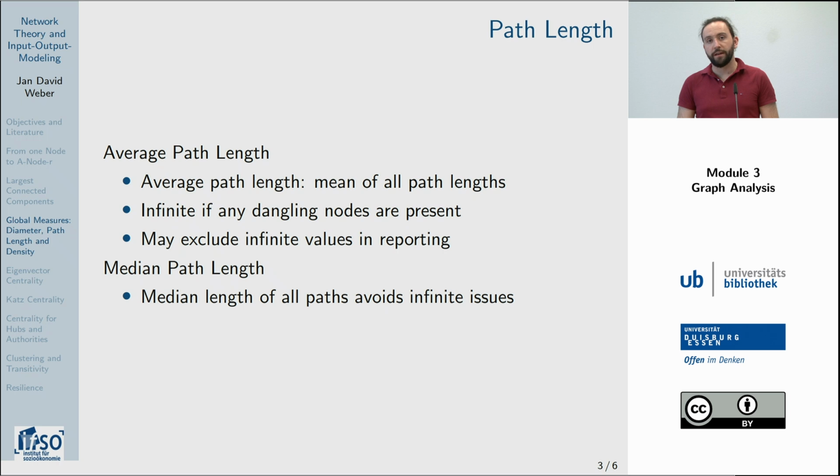Quite often you see that where dangling nodes, so the infinite distance, is removed. So you have the average given of all connected nodes. The median path length, as said, avoids such infinity issues in distances, and is therefore also quite often used.